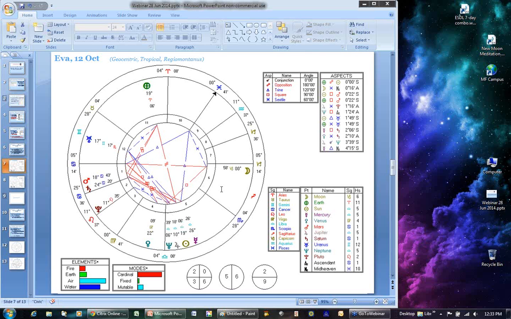Some of us have more of it than others. Some of us have stelliums, like the stellium that Eva has in Libra, or the one that I have in Cancer. But we all have all 12 signs, and we all express that energy. We all have the planets. We all express that same energy.